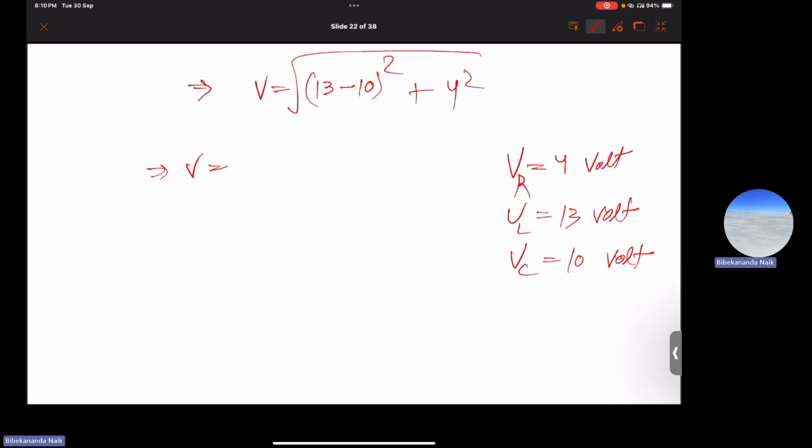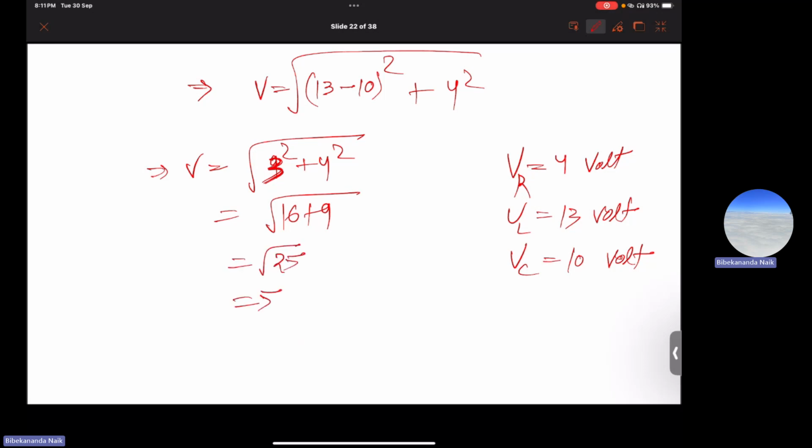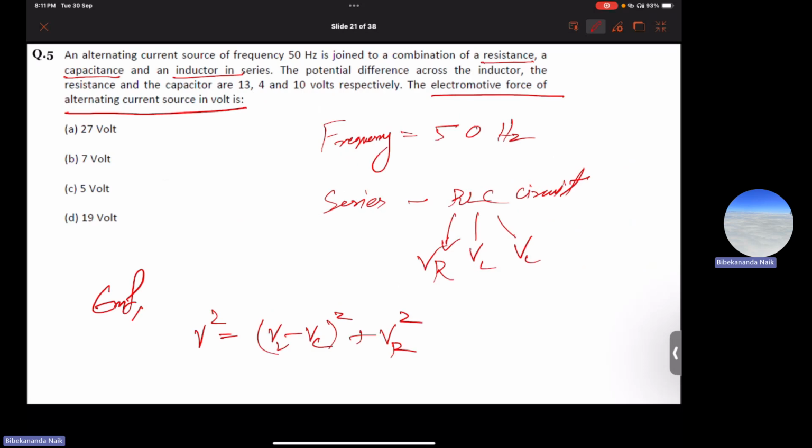That implies what will be V? V is 13 minus 10, so 3 square plus 4 square, square root, which is 9 plus 16, square root of 25, that is 5 volts. So the correct answer is 5 volts, which is option C.